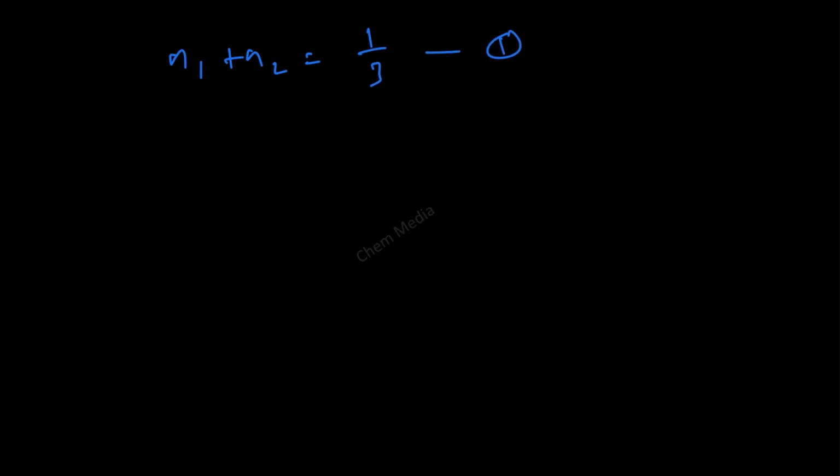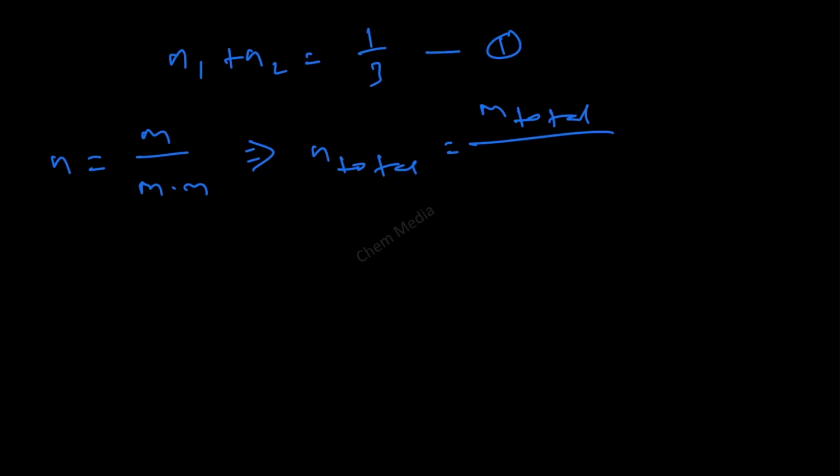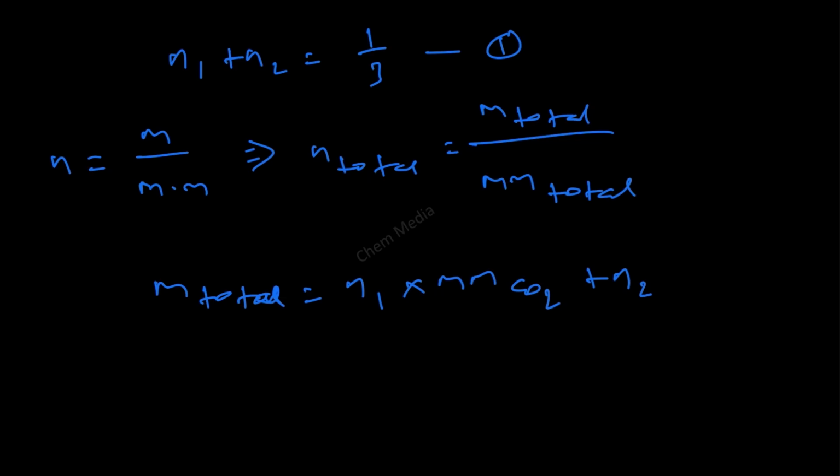We need another equation. We know that number of moles is equal to mass divided by molar mass. So therefore, we can write that N total is equal to M total divided by molar mass total. Therefore, M total is equal to N1 times molar mass of CO2 plus N2 times molar mass of O2.